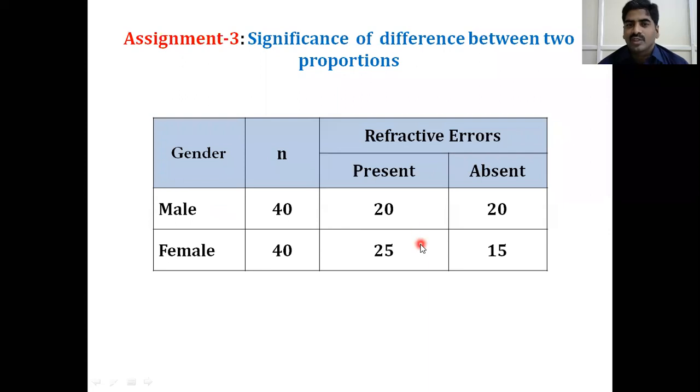This 50 and 62.5, this difference is statistically significant or not, you can find by using the concept of significance of difference between two proportions. Please note down and do it. This is assignment number 3.